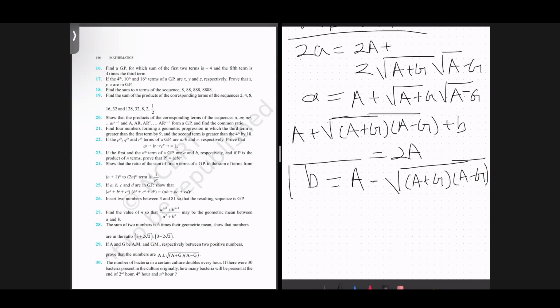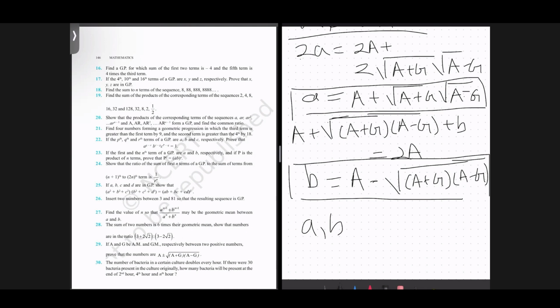So now you have the value of b, and you have the value of a right here as well. As you can see, a and b would be written as A ± under root of (A+G)(A−G). So that was what was asked of us. We had to show that two positive numbers with their AM and GM would be expressed as this. That was it. Moving on.